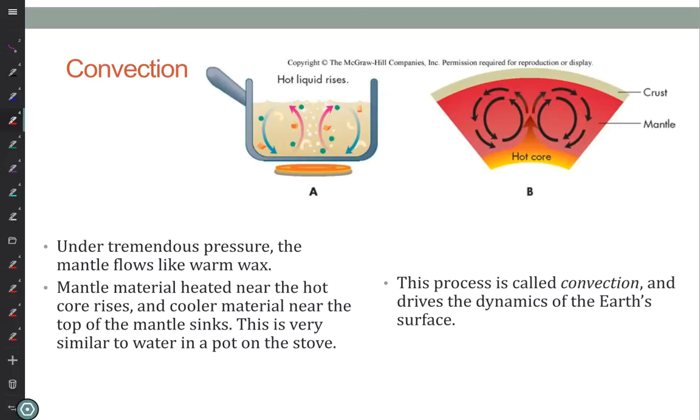The Hawaiian Islands are an example of what we call a hot spot. There is essentially a convection current that is coming up from that molten core through the mantle and comes up in Hawaii. And where it comes up, it causes a volcano.